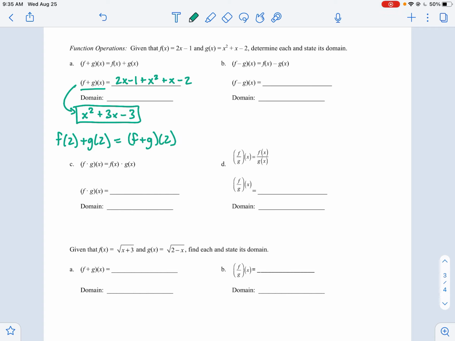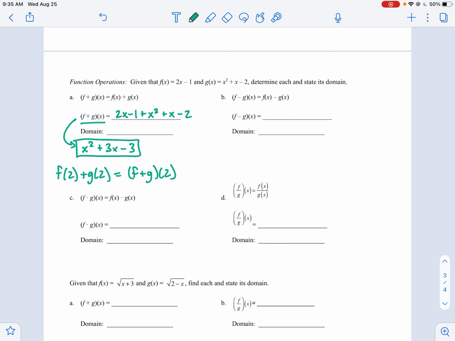If I plug 2 into each of these functions, f(2) would be 4 minus 1, so 3. And g(2) would be 4 plus 2 is 6, minus 2 is 4. So when I add those together, 3 plus 4 is 7.